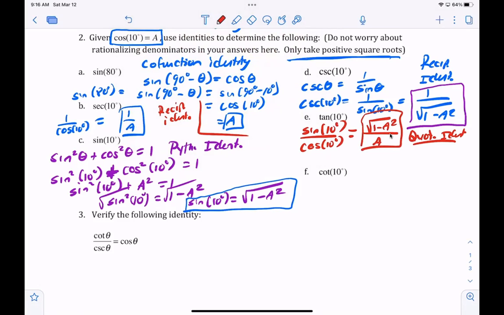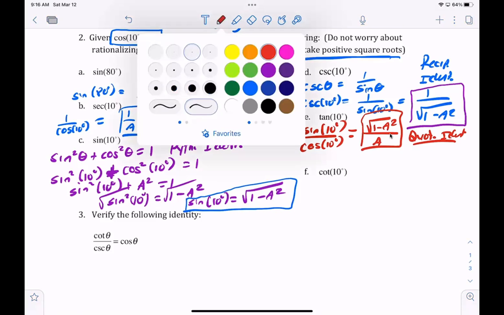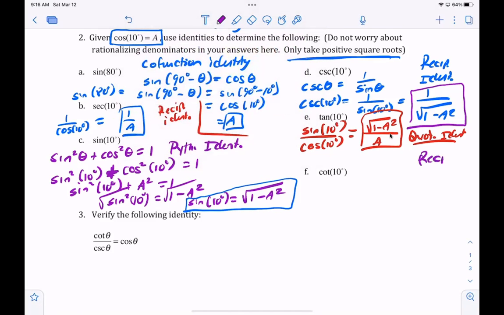We can use another one of the reciprocal identities. And this one is that cotangent of theta is 1 over tangent of that angle theta. So cotangent 10 is 1 over tangent 10.